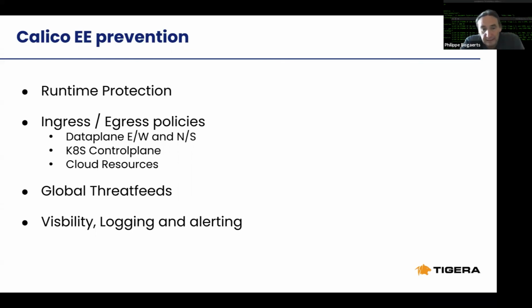We can get quite some help with global threat feeds, open source or licensed ones. And something I have always stressed for 30 years: firewalls are cool because they created visibility, logging, and alerts.